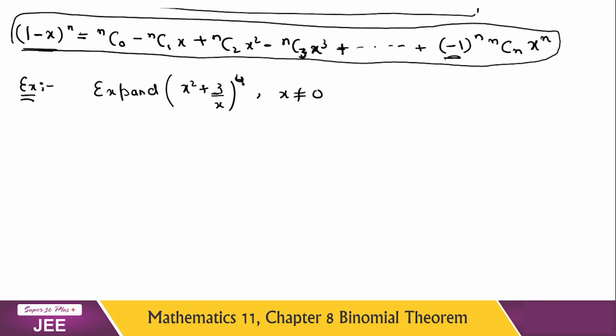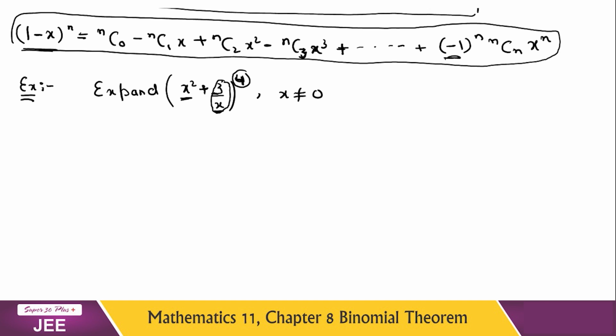So you have to write down the expansion of this binomial. This is definitely a binomial in which in place of a we have written x², and in place of b we have written this entire term, that is 3/x, along with a plus sign in between, and the value of n over here is 4.